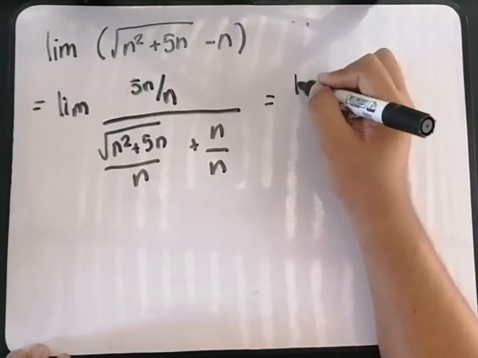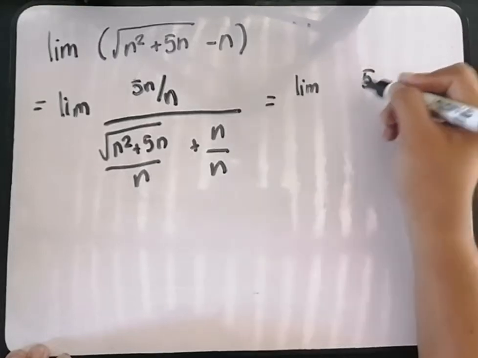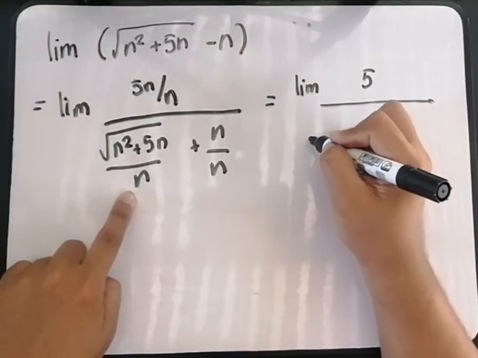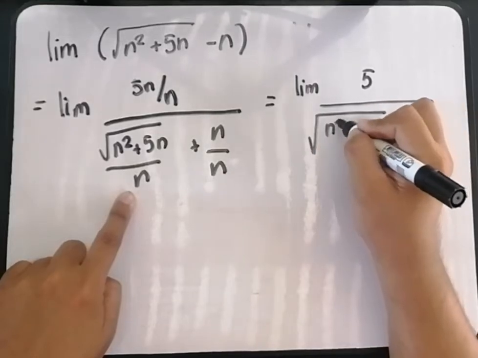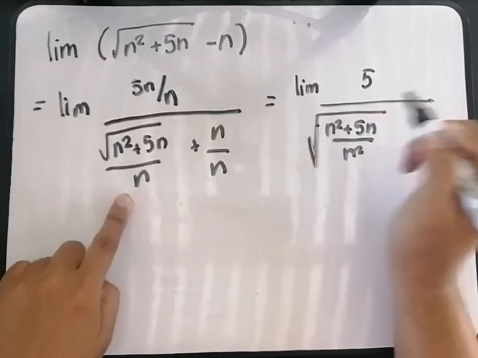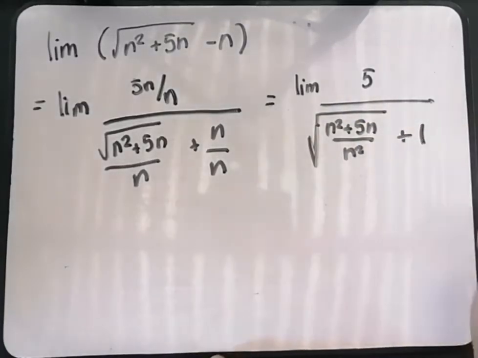which is equal to the limit of 5 over, ipasok natin ngayon yung n sa loob, this becomes square root of n squared plus 5n over n squared plus 1.